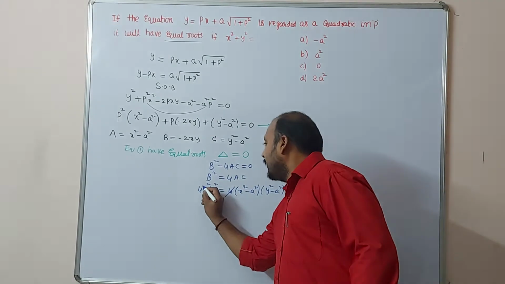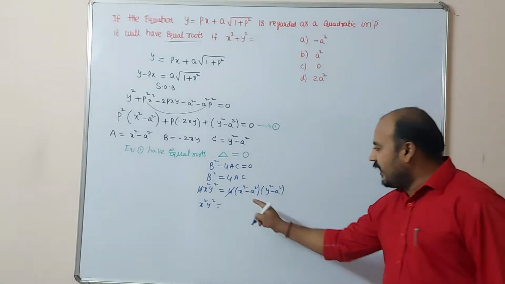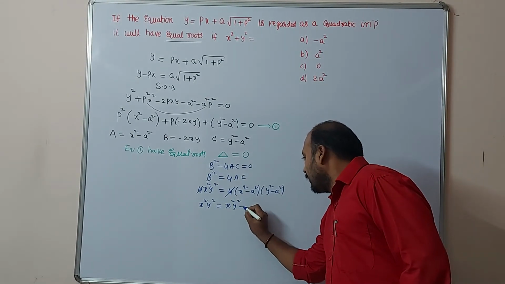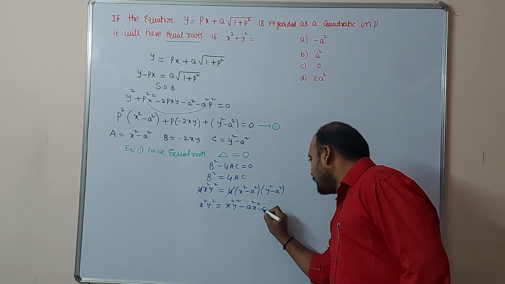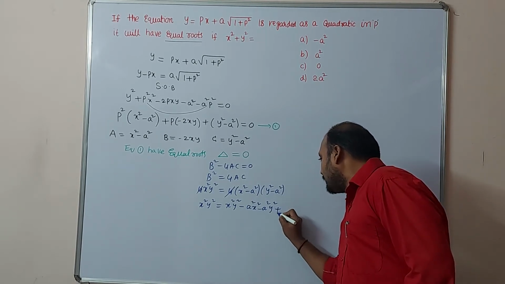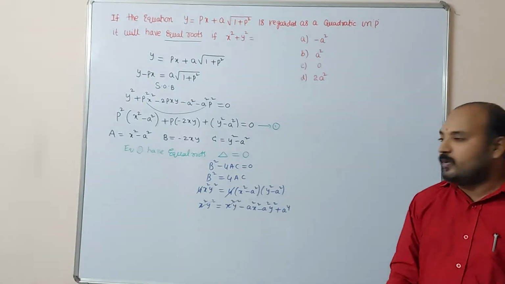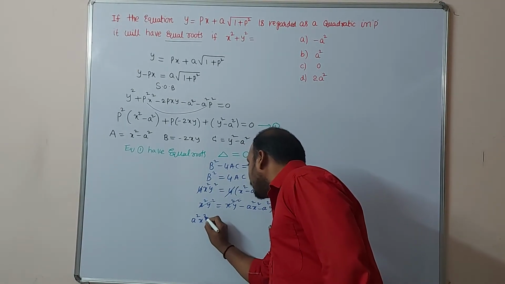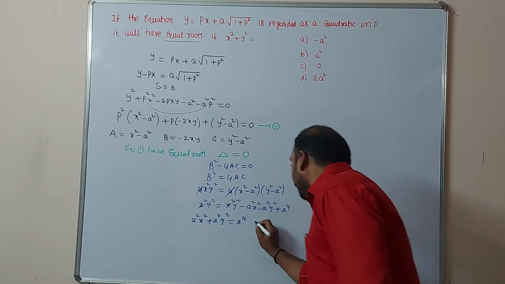So 4 gets cancelled. x square y square is equal to the actual multiplication: x square y square minus a square x square minus a square y square plus a power 4. Both sides x square y square will be cancelled. Minus comes, we can take here a square x square plus a square y square is equal to a power 4.